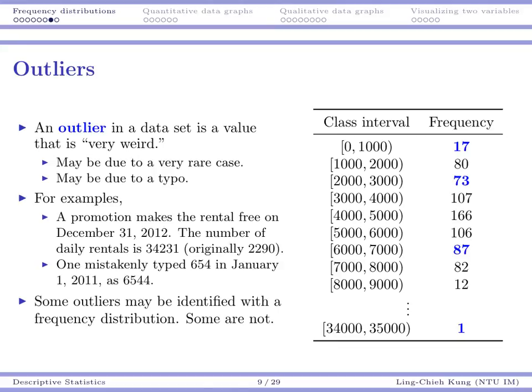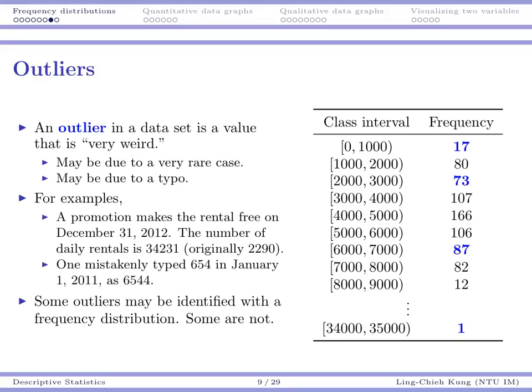For example, suppose on December 31, 2012, there was actually a promotion and all the rentals on that day were free. Suppose that's the case, and suppose the number of daily rentals was a very, very large number instead of 2,290.